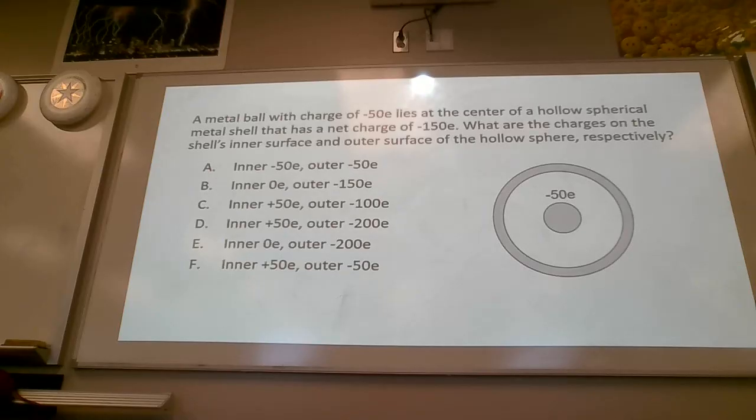Tell your neighbor. Tell them why. If it's F, wouldn't the difference between us two be the net charge? If they have to be equal, conservation of charge, it's a neutral spread.